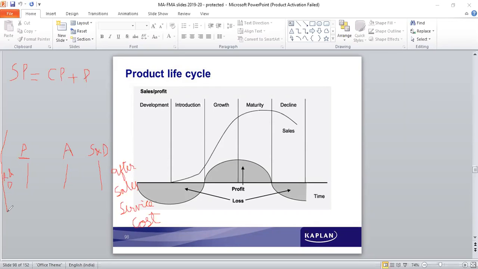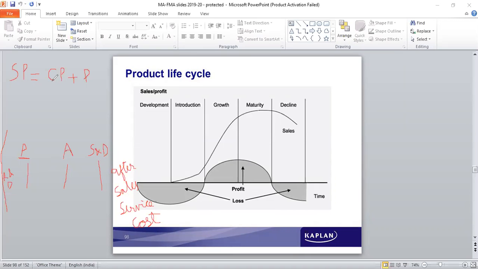Now the costs are not only production, administration, selling and distribution, but a whole lot of costs which are incurred right from the introduction stage till the decline stage. So this product life cycle suggests that all these costs have to be considered for calculating cost price per unit. Then the selling price should be decided.